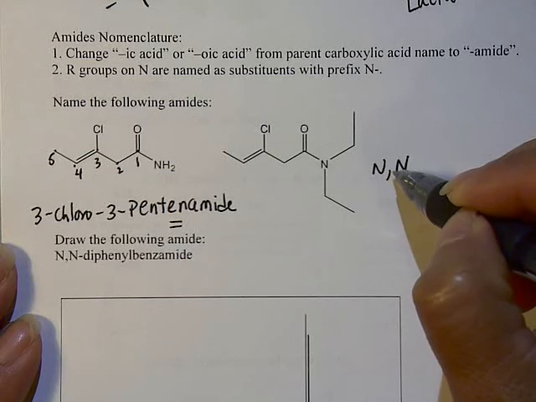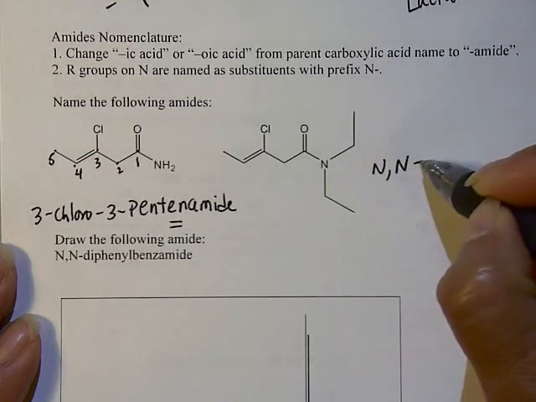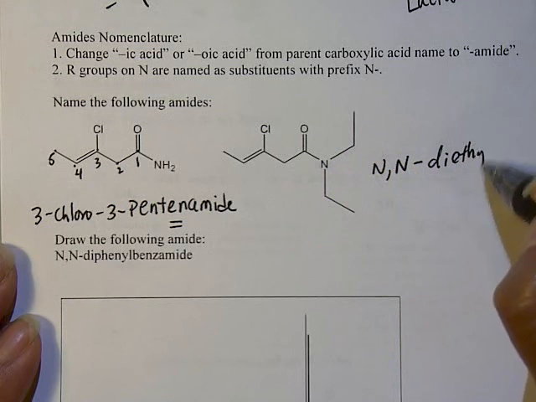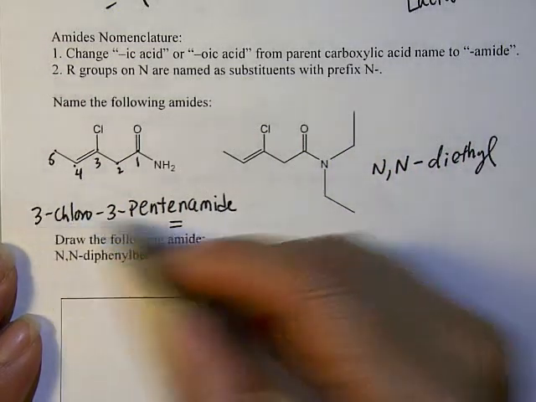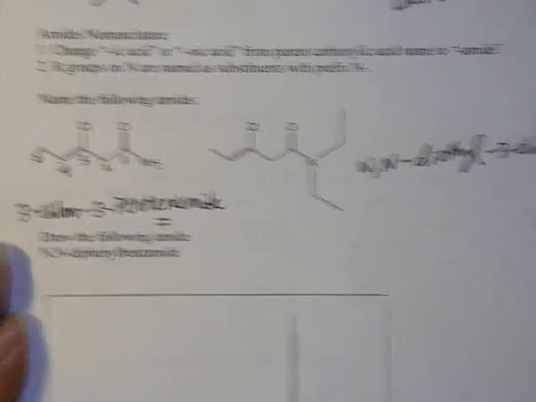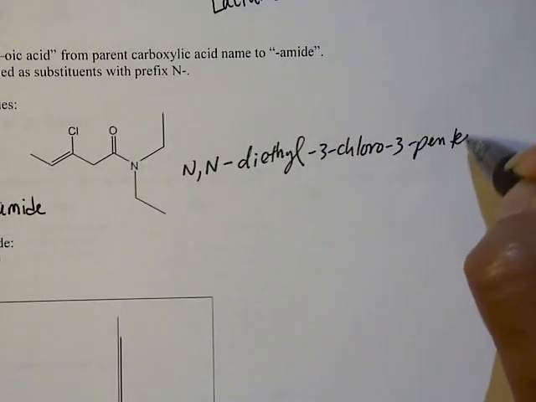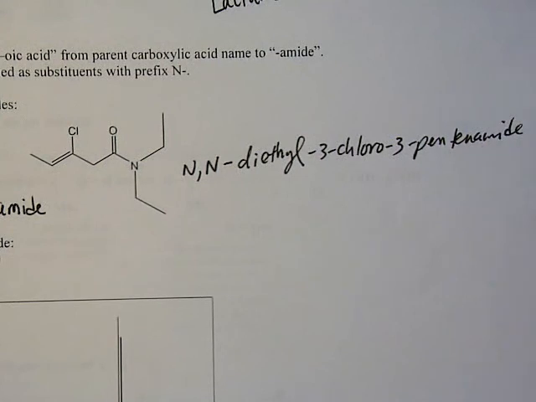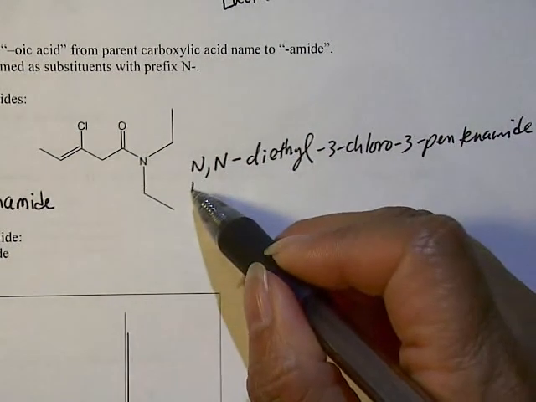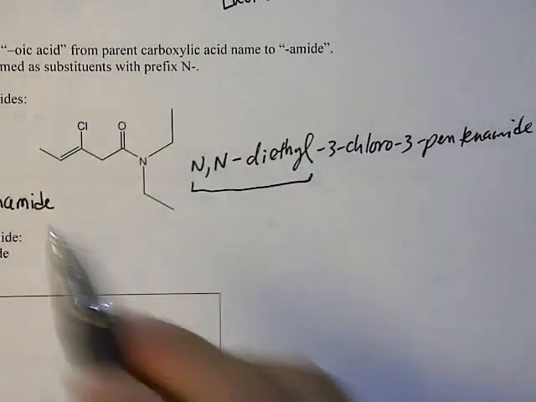So capital N, comma, N for the 2 ethyl groups, and it will be diethyl. And then this whole thing, 3-chloro-3-pentenamide would be the name. So notice this addition to the parent name.